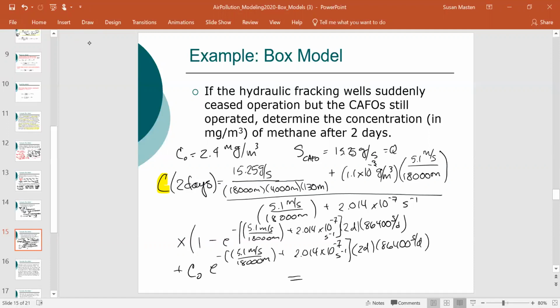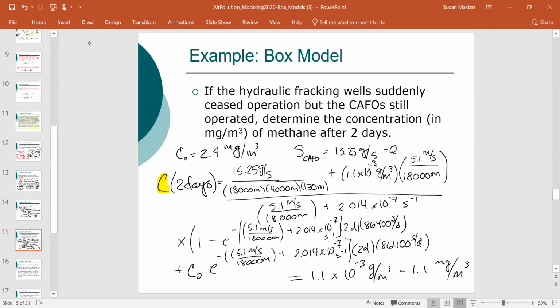And lo and behold, we finally do the math, and we actually end up with 1.1 times 10 to the minus 3 grams per cubic meter, or 1.1 milligrams per cubic meter.